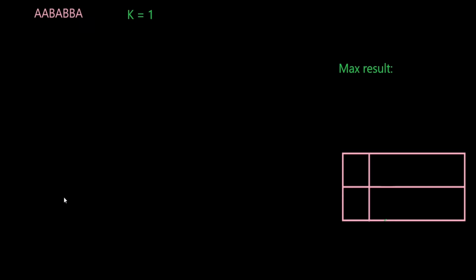So here we're at our drawing board, and we're going to look at the string AABABBA. When i is equal to 0, and our pointer p is also equal to 0, we're looking at A, index 0, so we add that to our memo.